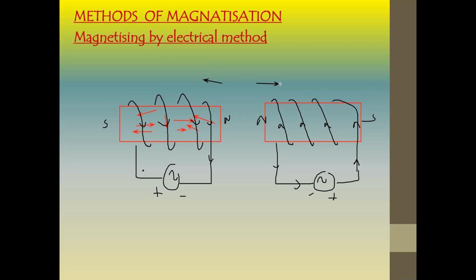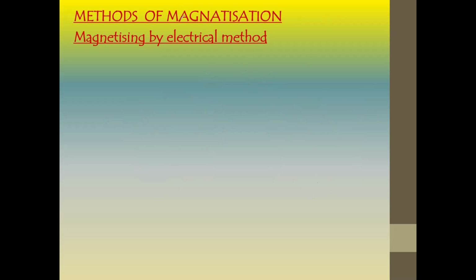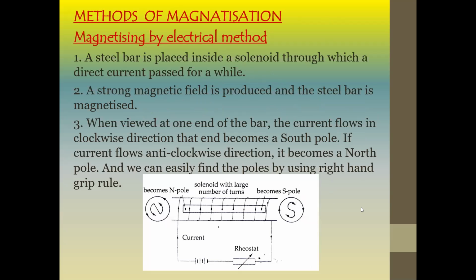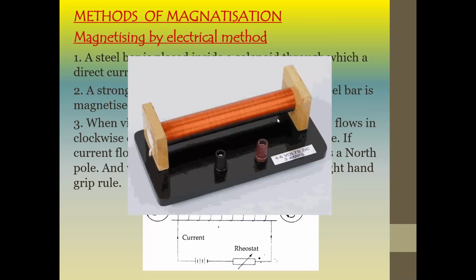Some domains will remain in the opposite direction, so they have random direction. That is why AC cannot be used to magnetize or make a permanent magnet. We always use a direct current or DC. This is normally what we use to make a permanent magnet.